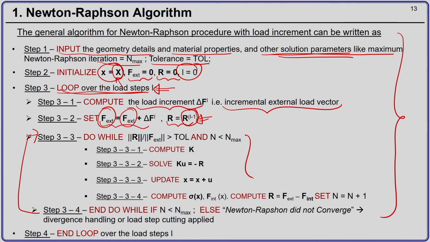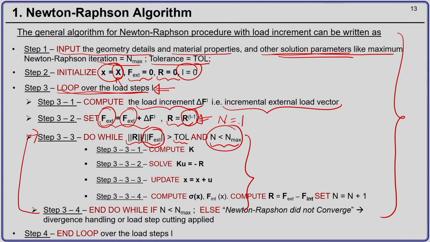So, this is our Newton-Raphson solution algorithm. Okay. So, while the ratio of the norm of the residual to the current external force is more than the tolerance and our number of Newton-Raphson steps n is less than the maximum number of Newton-Raphson steps per iteration. Okay. So, we need to set n equal to 1 here.